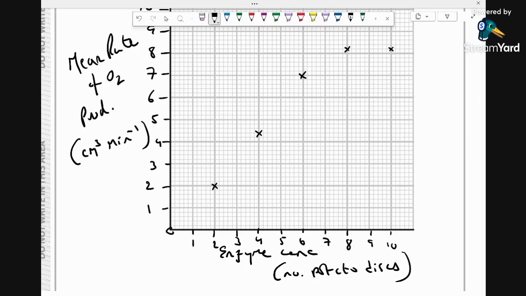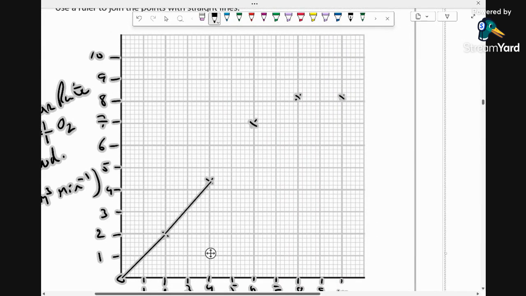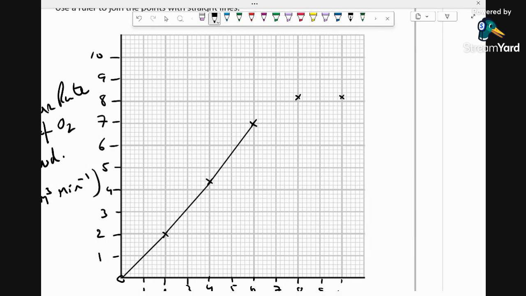Right, so it's not going to be the best, but we can do this. There we go.